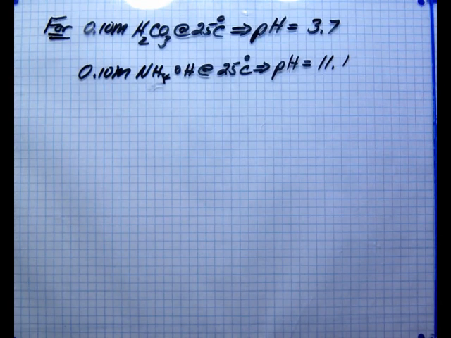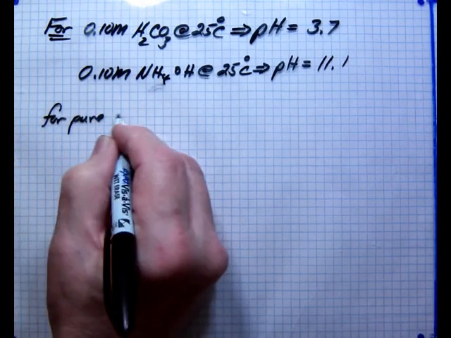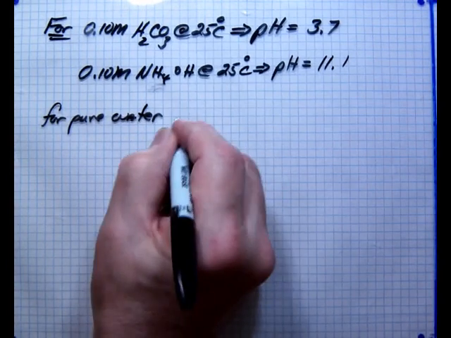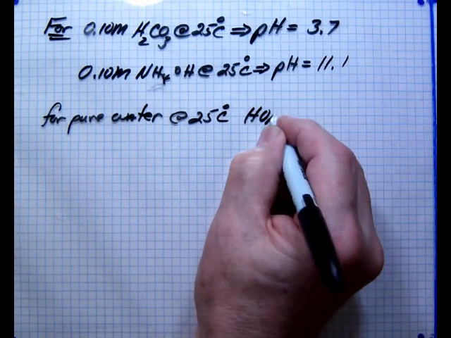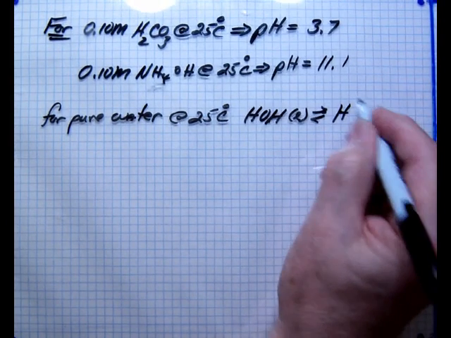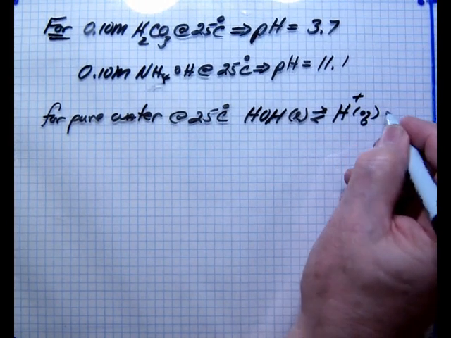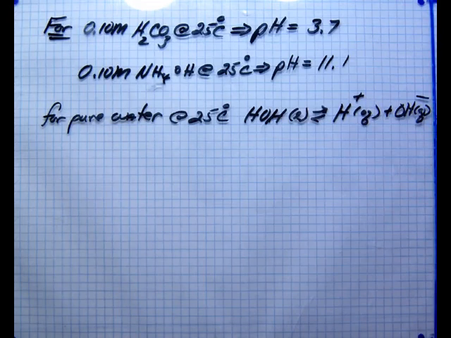Well, the pH scale has been defined relative to pure water. Some people derive it from autoionization of water. For pure water at 25 degrees C, autoionization of water results in delivering a certain quantity of hydronium ions and hydroxide ions into solution.